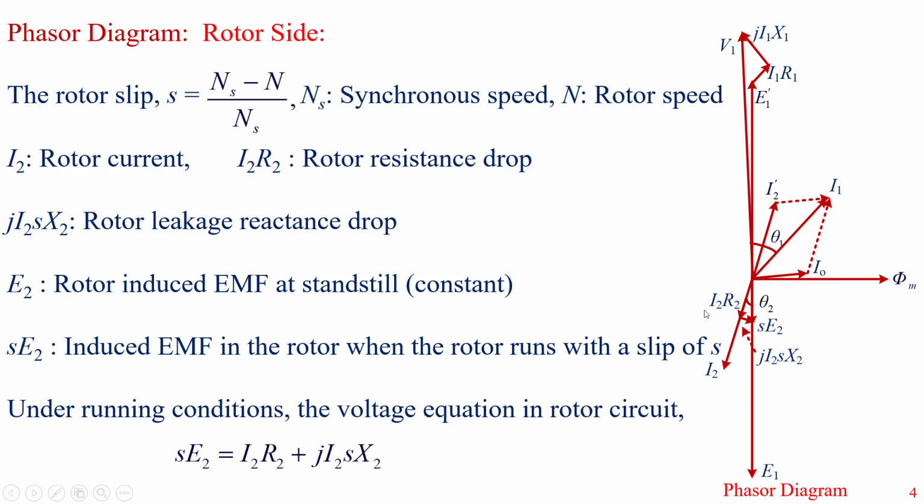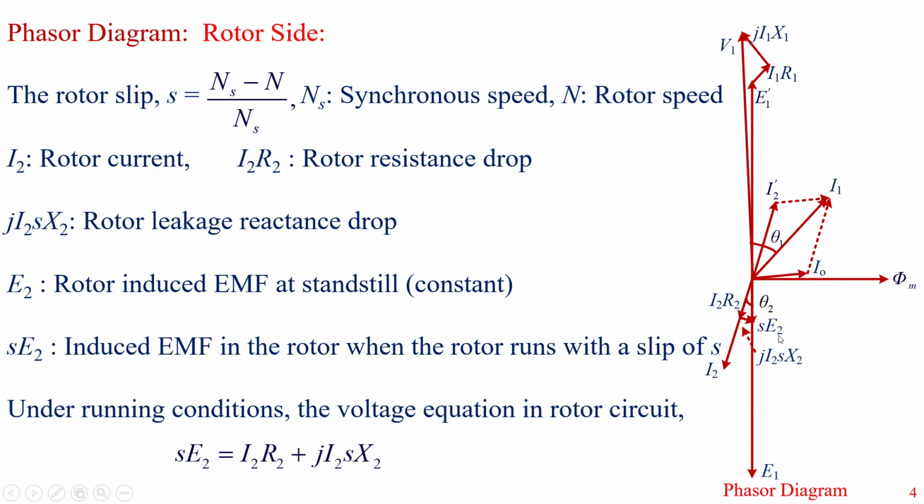I2R2 is rotor resistance drop and is in phase with current. And I2SX2 is rotor leakage reactance drop and it is in quadrature with current. And E2 is rotor induced EMF at a standstill, and it is constant.